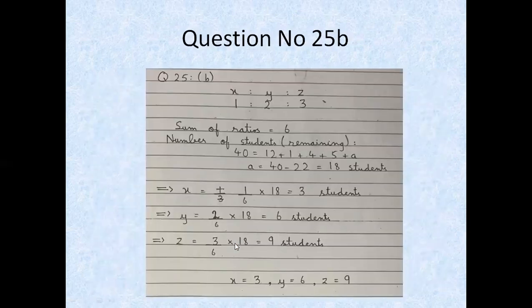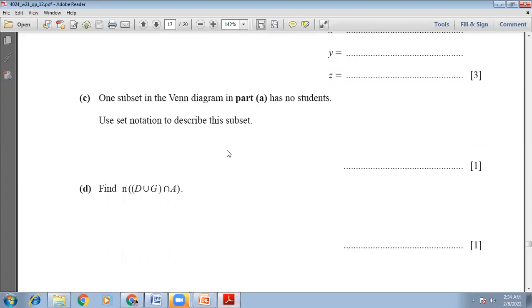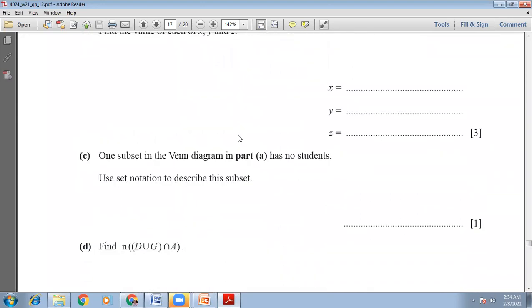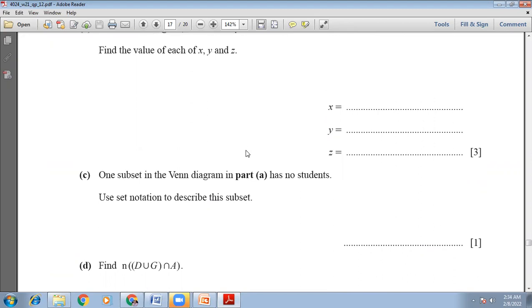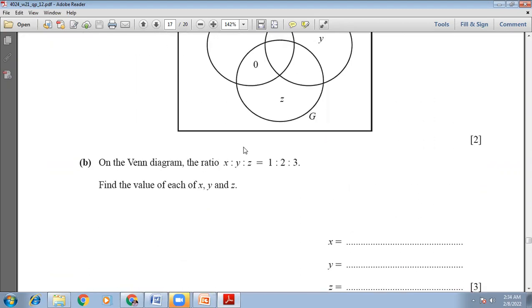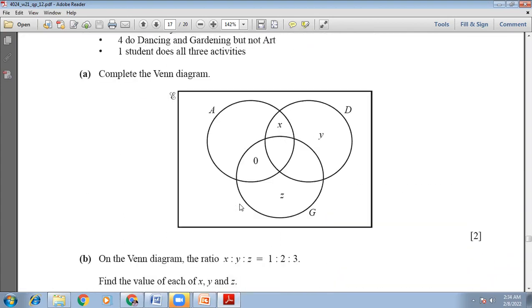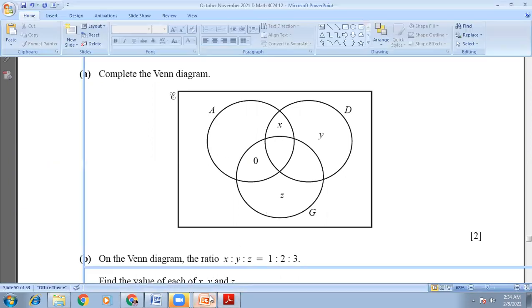Okay. And let's go to the next part. Then he says, one subset in this Venn diagram in part A has no students. So there are no students there. Use set notation to describe this subset. Here you have 0 students. And what is this? This portion is D complement intersection (A intersection G).